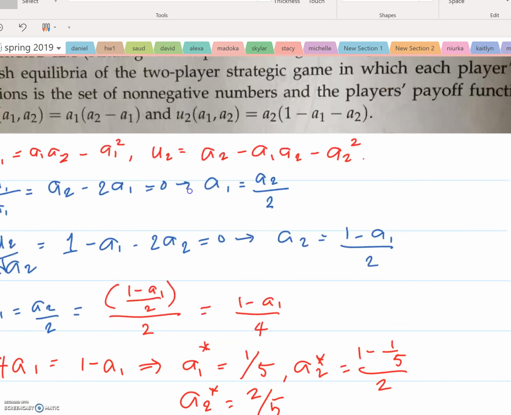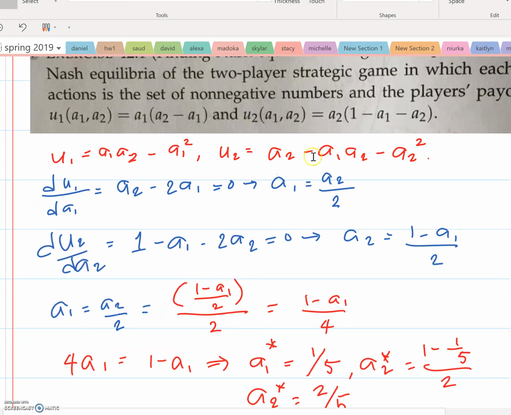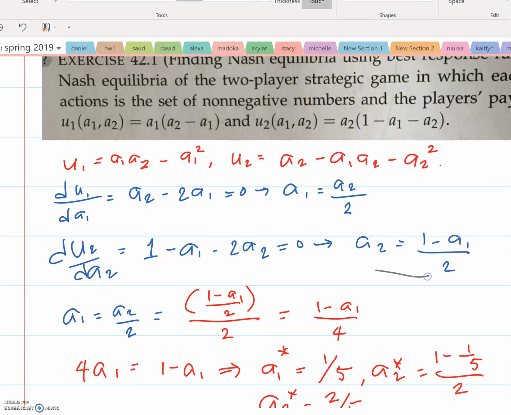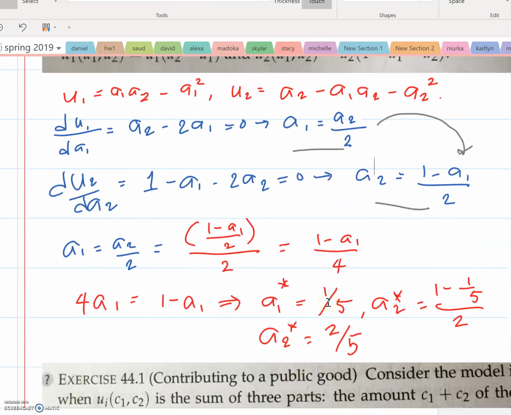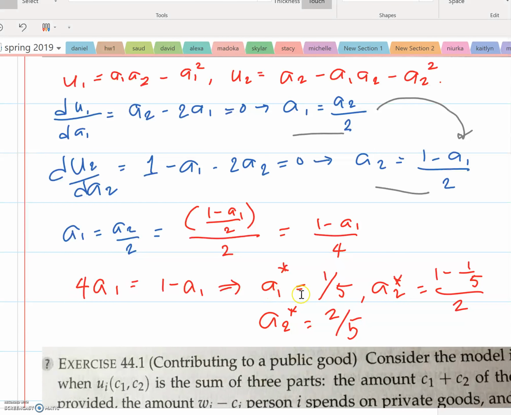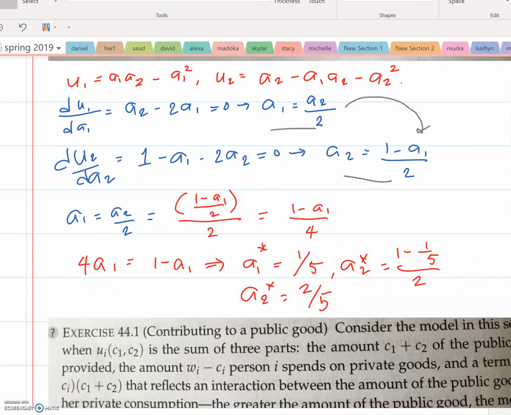And then do the same for the utility of 2: take the derivative with respect to a2 and equate it to 0. Then you'll have a1 as a function of a2, and a2 as a function of a1. Now you substitute this one in here, do the math, and you'll have a1 and a2. You'll see that a1 is 1/5 and a2 is 2/5. So it's just math.